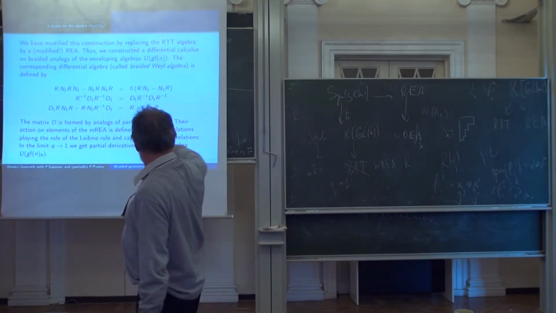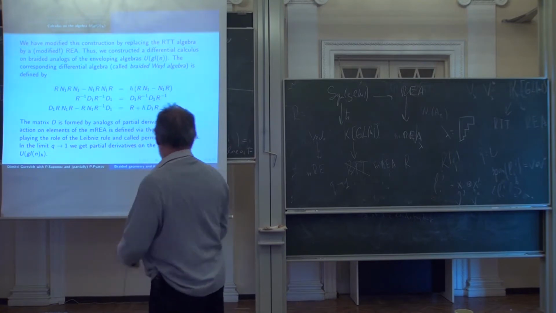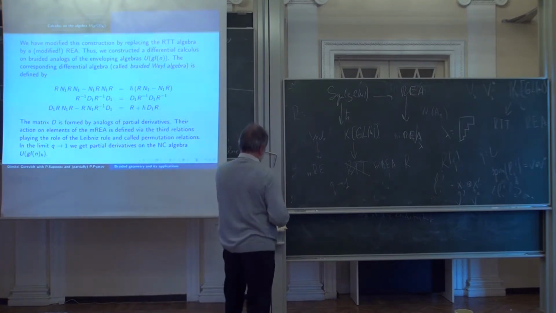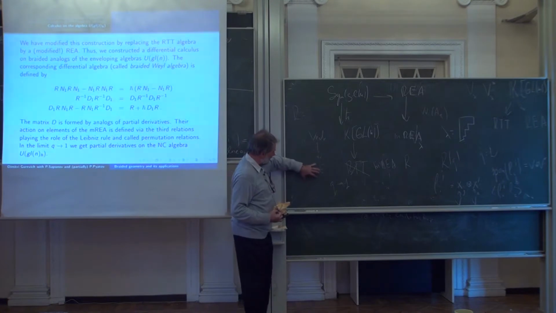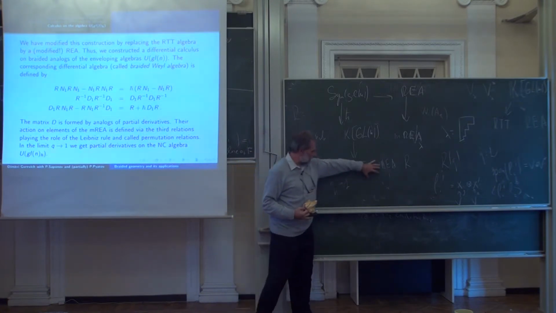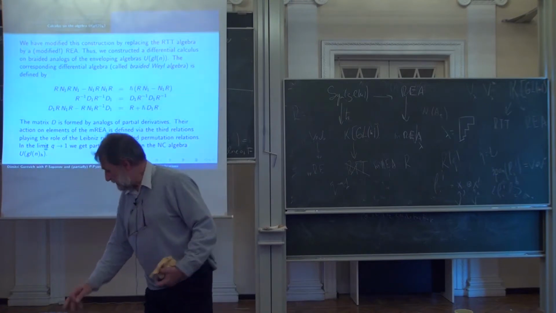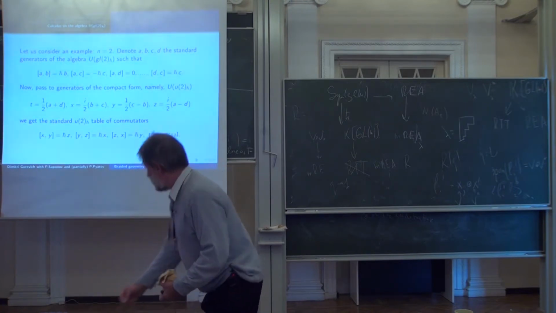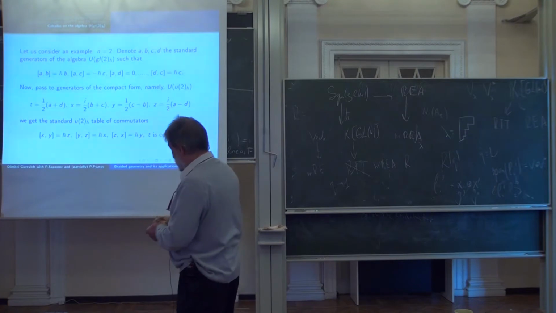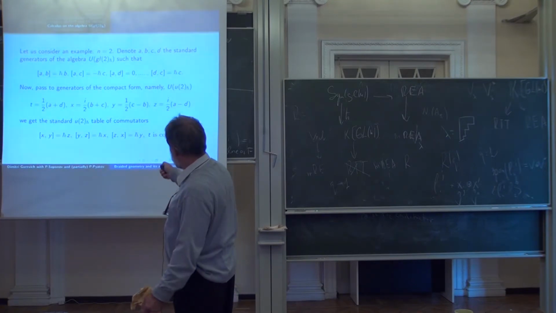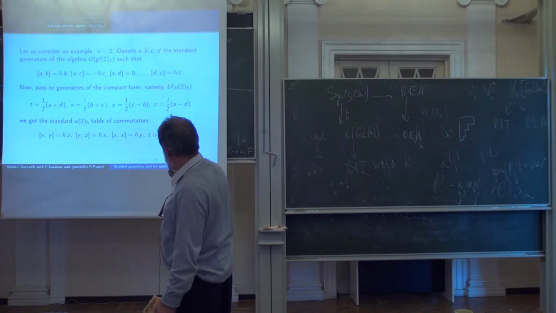It is differential calculus in this situation, which looks like Voronovich's. But finally, we have here the modified reflection equation algebra, and here the modified reflection equation algebra. And finally, we get the following calculus. It is calculus on the enveloping algebra of GL2H.